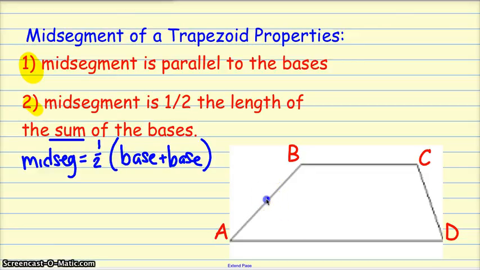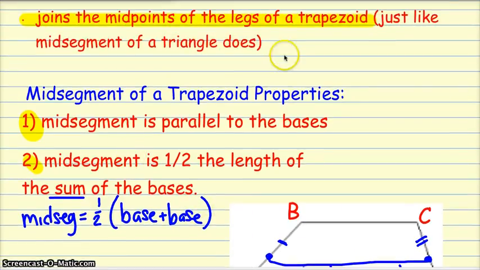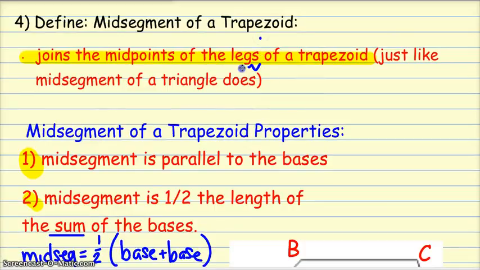Think about taking the midpoint here. We'd know it would be the midpoint if it were marked. And the midpoint over here, this line that connects it is the midsegment. And by definition, the midsegment is connecting the midpoints of the legs.